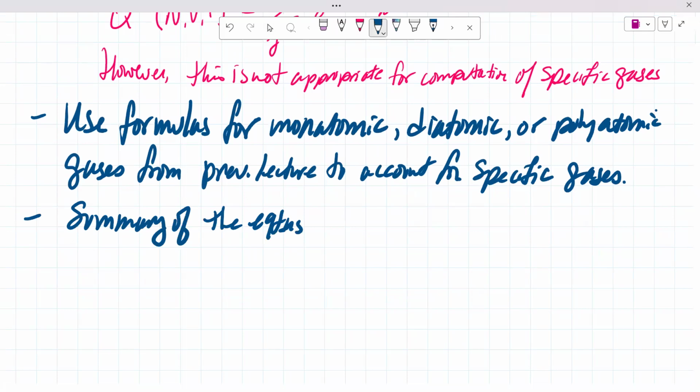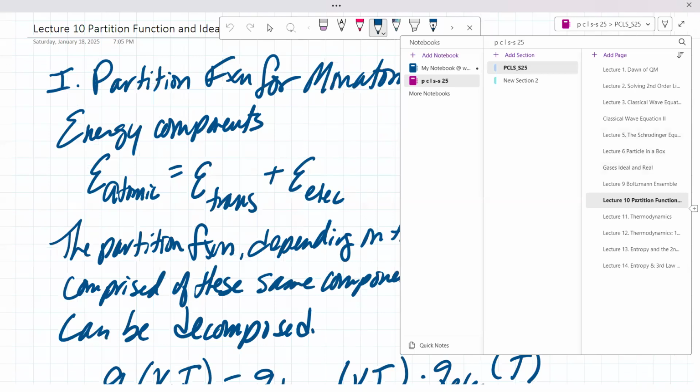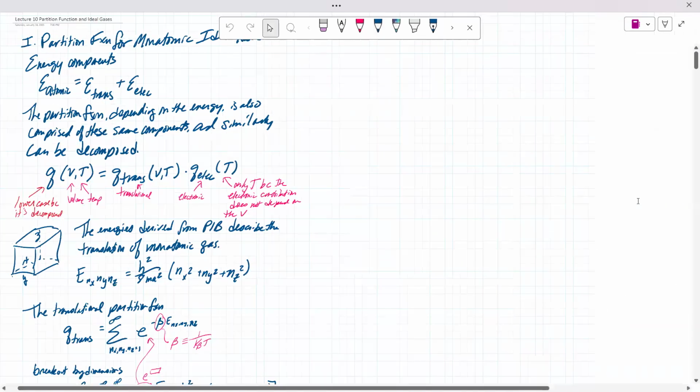You know which ones I mean here. I might be able to just bring it up for a sec. It was particle in the box, ideal gas, Boltzmann ensemble, partition function, and the ideal gases. I think it's this one. Let's switch over to here for a quick review.